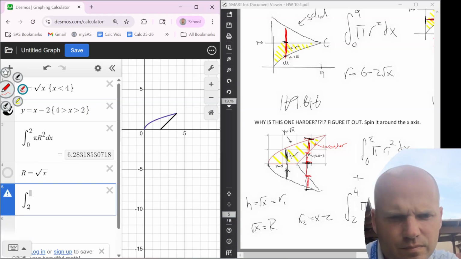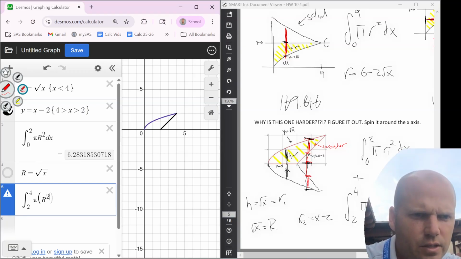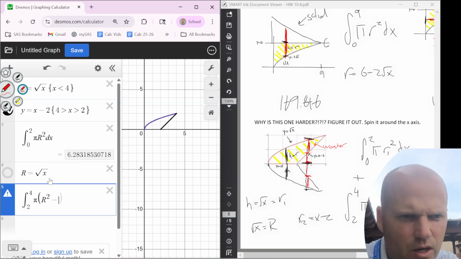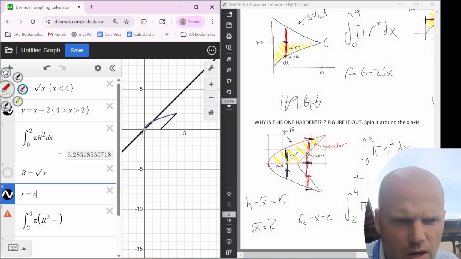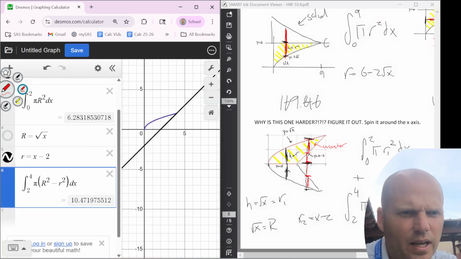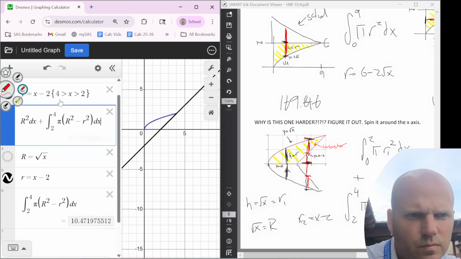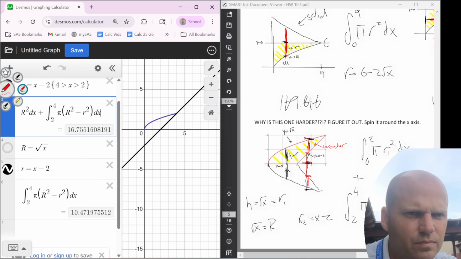Second integral, I have the big R, still root x, but I'm subtracting the smaller r. The smaller r is x minus 2. And I get this plus this to get my answer. Cool.